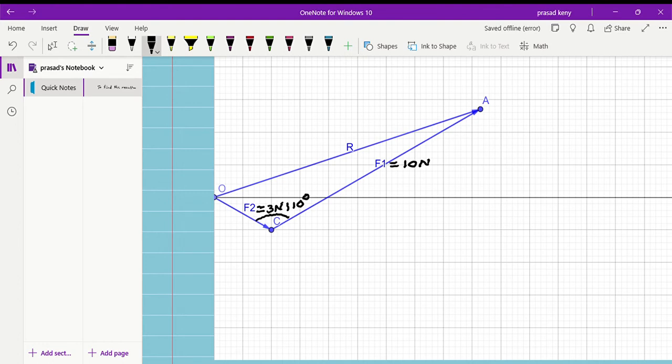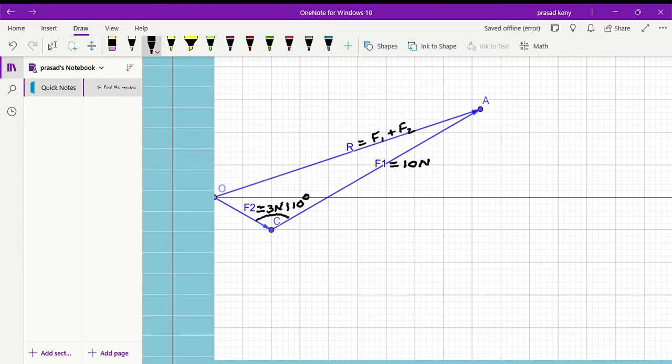OC is F2, CA is F1, and the vector CA is starting from the terminal point of the first vector, and hence the third side, starting from O and ending at A, will represent the resultant force of the two vectors. That means R is equal to F1 plus F2.